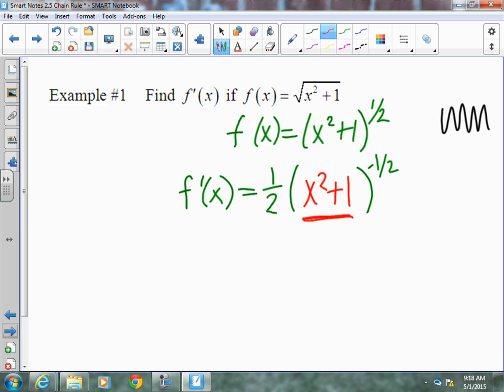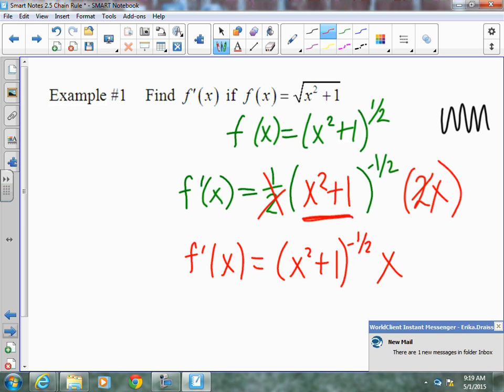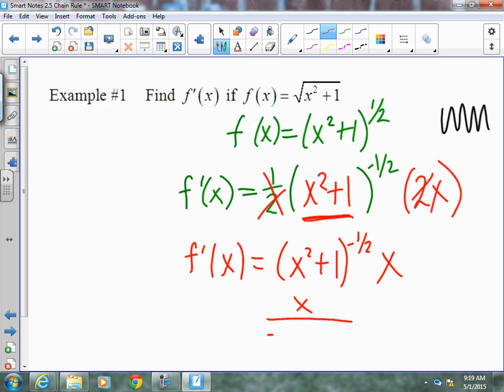Well, the derivative of x squared plus 1 is 2x. And we can simplify a little bit. Our 2 and our 1/2 cancel out. So f prime of x is equal to x squared plus 1 to the negative 1/2 times x, or x over the square root of x squared plus 1.